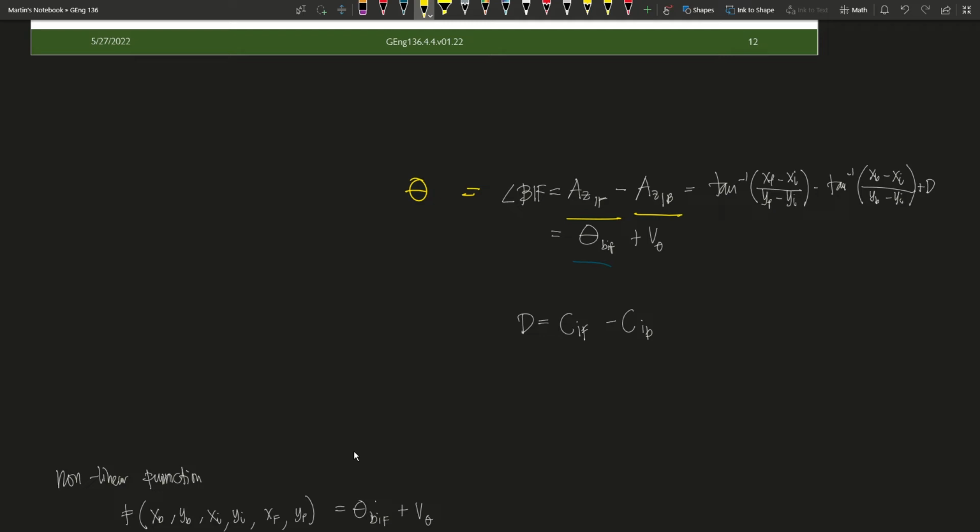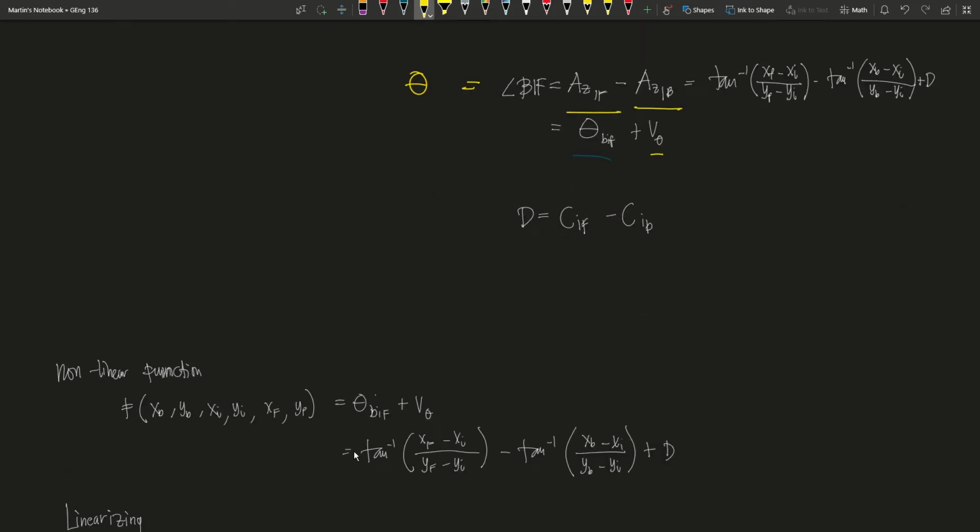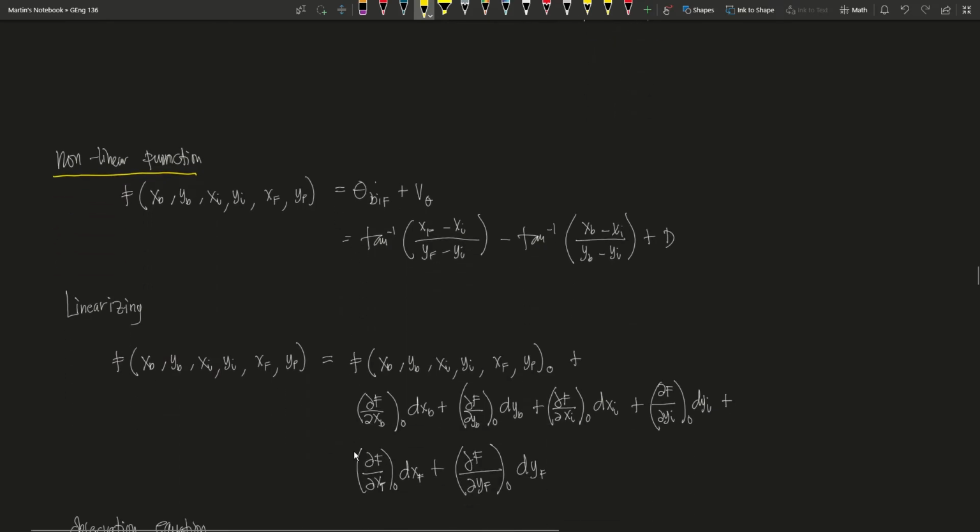So generally, this equation is equal to angle BIF plus the residual. Since this is a nonlinear function, we need to linearize this form. So we have this function of x sub b, y sub b, x sub I, y sub I, x sub f, and y sub f.